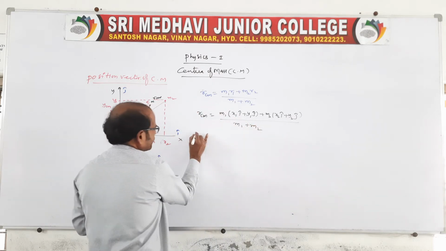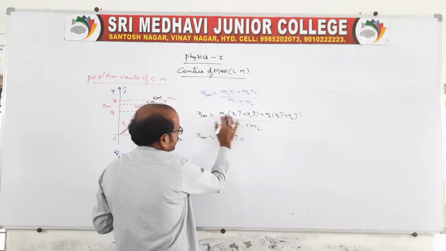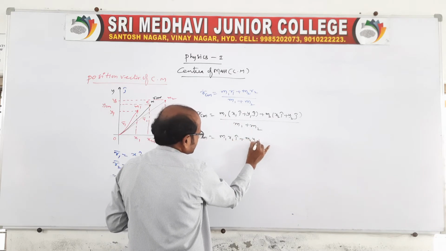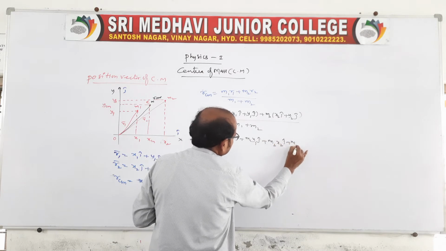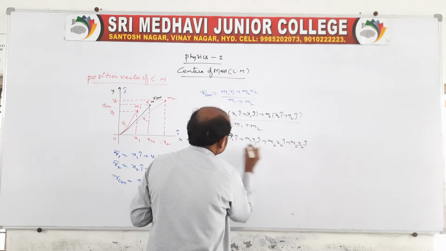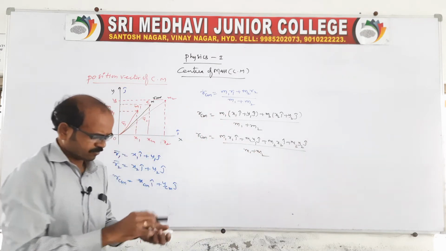Now you multiply with m1, that is m1 x1 i cap, m1 y1 j cap and m2 x2 i cap and m2 y2 j cap by m1 plus m2, right?